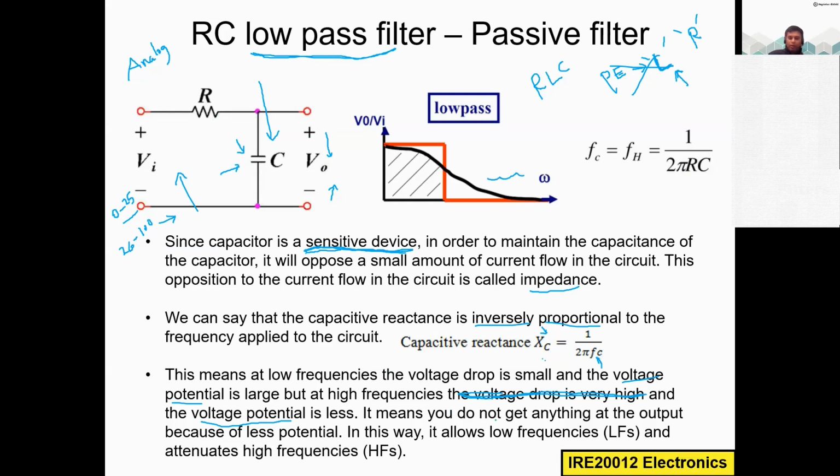It means you do not get anything at the output because of less potential across the capacitor. In this way, this circuit allows low frequencies and blocks or attenuates high frequencies. So this low pass filter design is very simple, so you can easily remember.